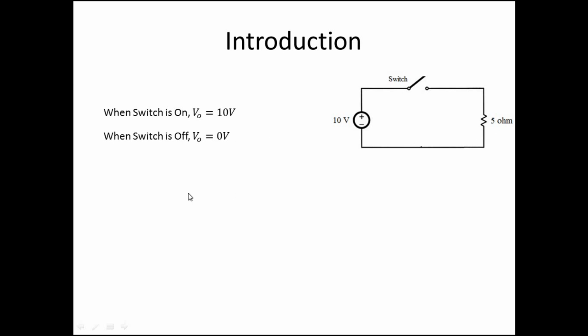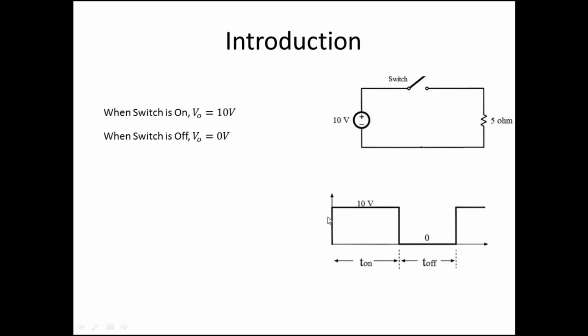Suppose we are continuously turning on and turning off the switch. So we'll get a waveform like this. The output voltage across this 5 ohm will be like this. When it is on, it will be 10 volt. When it is off, it will be 0 volt.